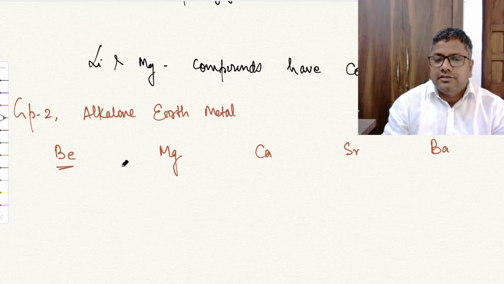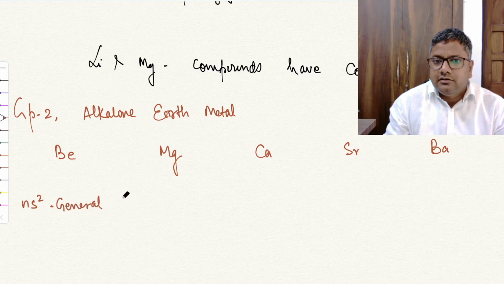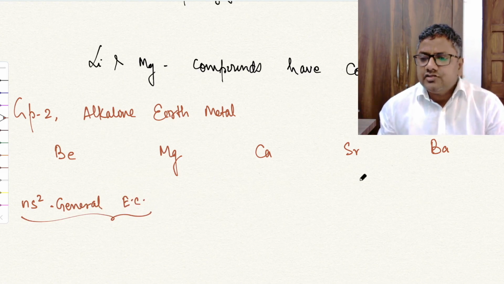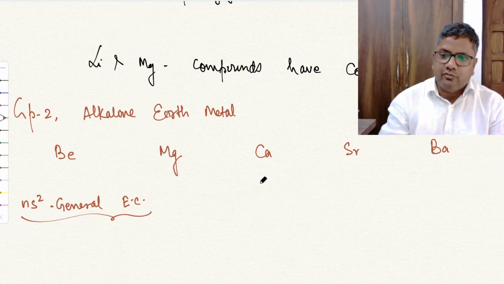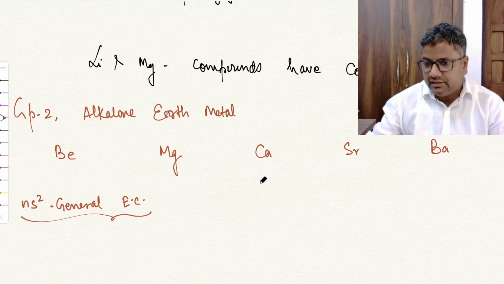The general electronic configuration is ns2. All are good metals, but have less metallic character than group 1. But you can say these are the second most metallic elements, right?